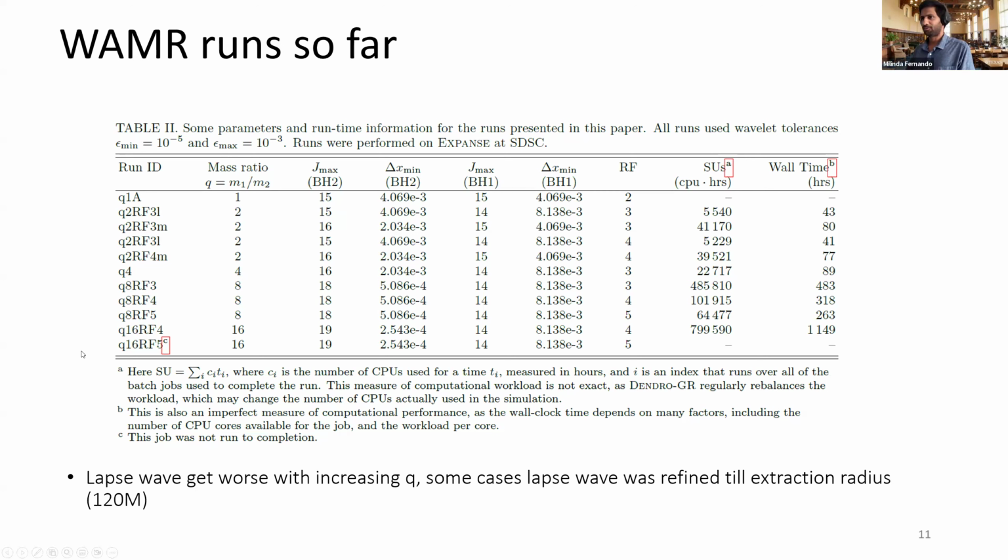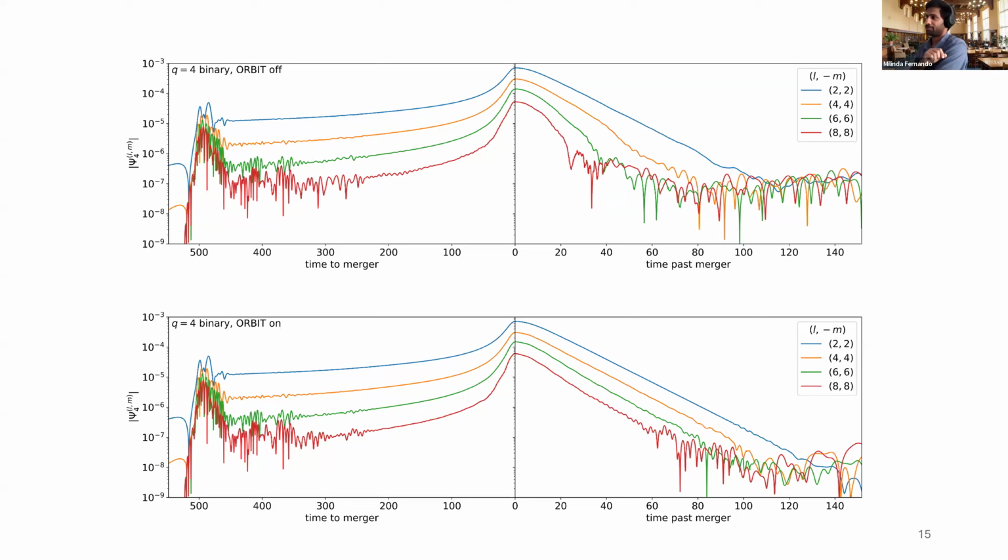Instead of tweaking the wavelet tolerance function, I think this is a more systematic way to do this. Depending on what L modes you want to extract, we can determine exactly what refinement levels we need.